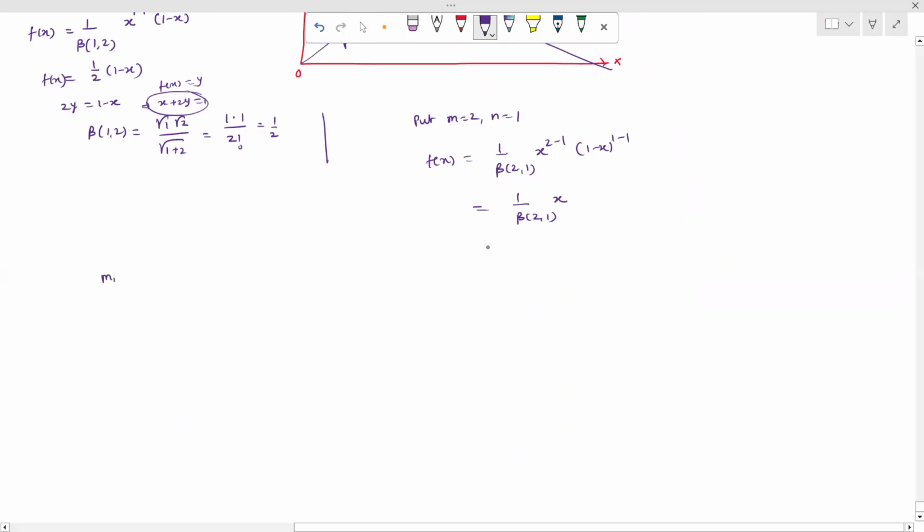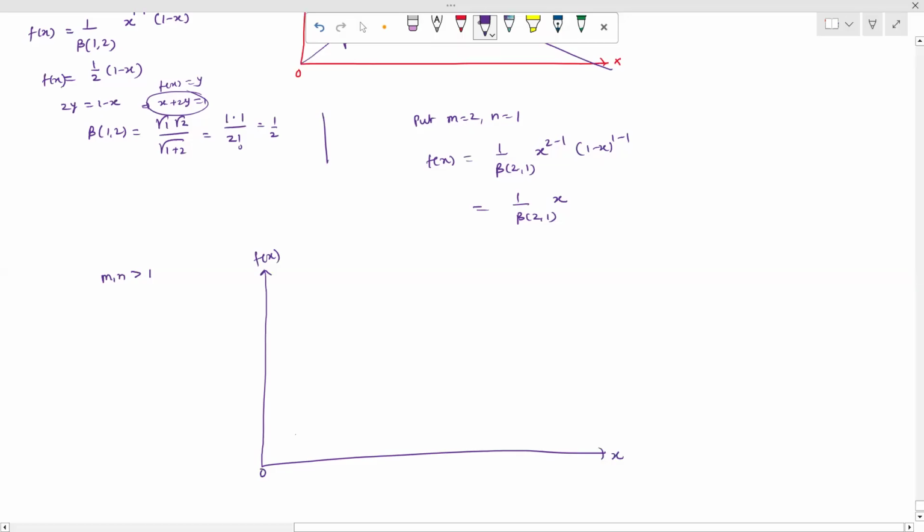When m and n both are greater than 1, what is the position of the graphs? So this is our f(x), here is the origin, x.